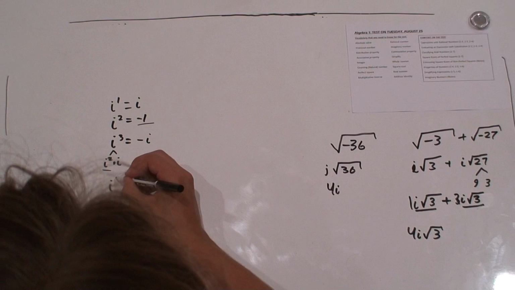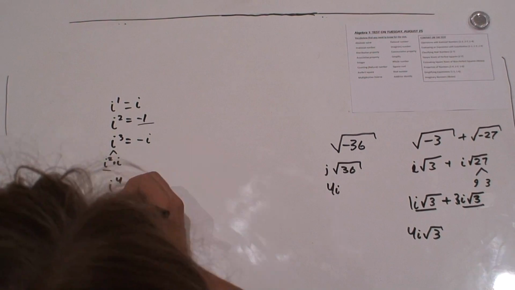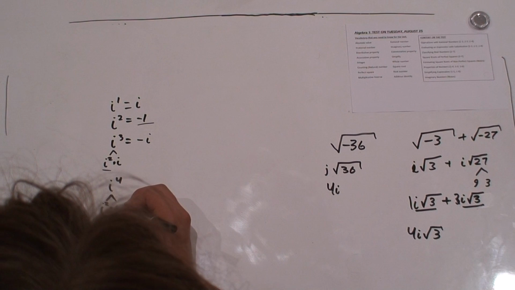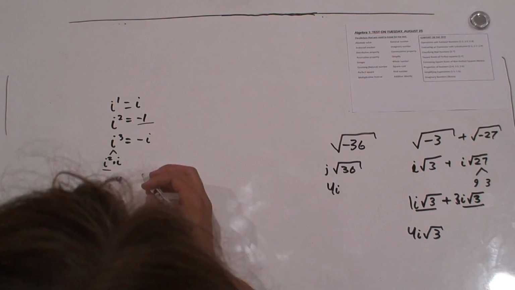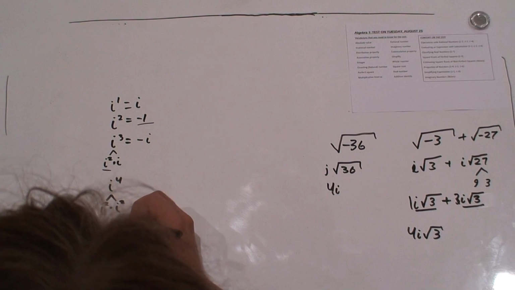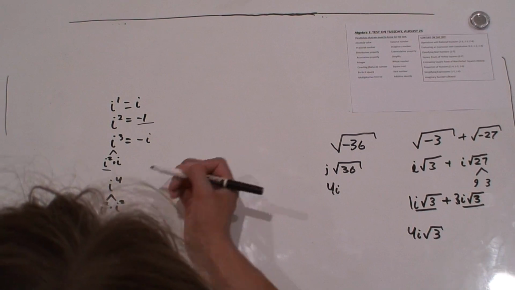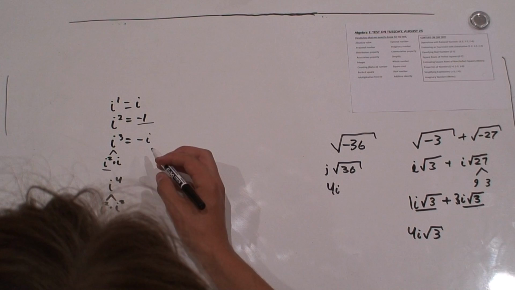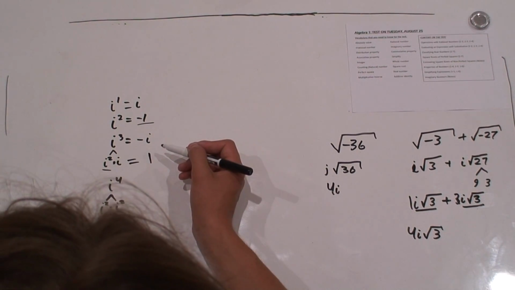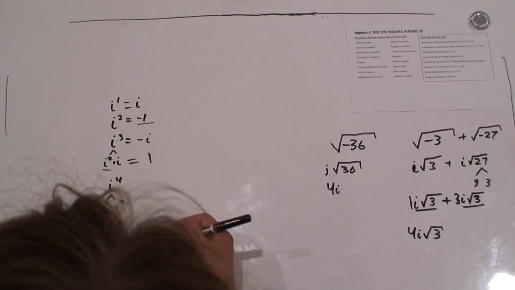If we go to i to the fourth, i to the fourth is i to the second times i to the second. So i to the second is -1 times i to the second, -1 again. -1 times -1 is 1. The nice thing about this is it repeats like that.